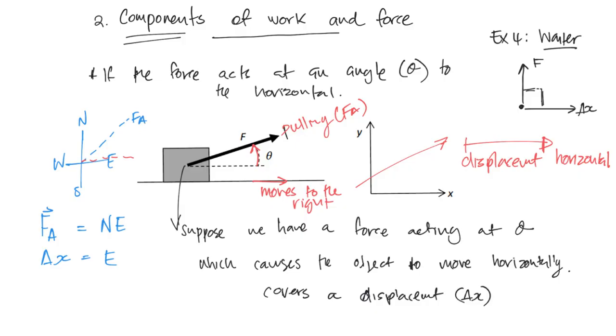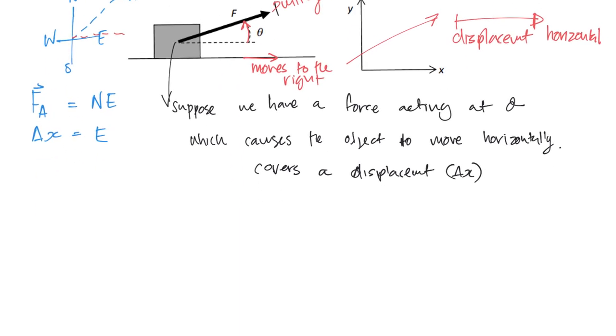I'm starting off at position 1 and it moves to position 2. If that's the case, then no work can be done. I know that work is being done because there is force and there is displacement, but the fact that the force and the displacement are not in the same direction is a problem.